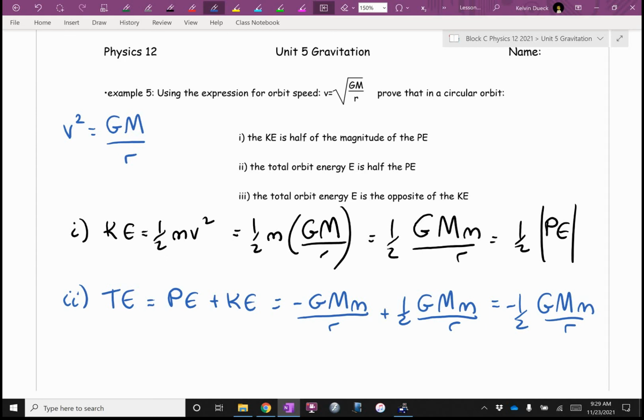Sure. Or if you found the total energy and you also found the potential energy, oh, it's half as big. Wait a minute. This was half as big but positive. This was half as big but negative. Huh. Rachel, read to me statement 3. Stop. Are they the same, but one's negative, one's positive? Yeah.